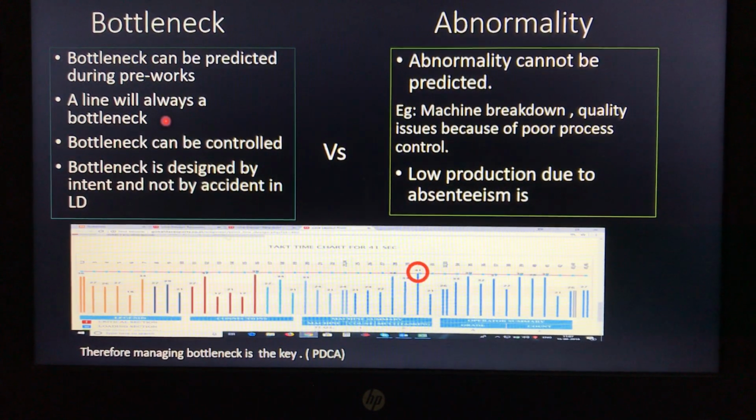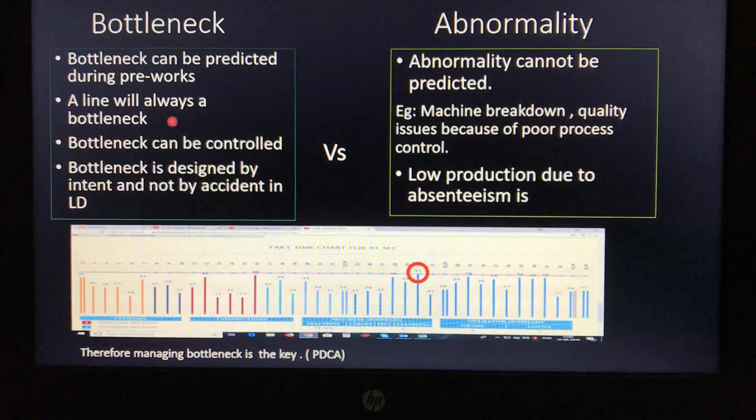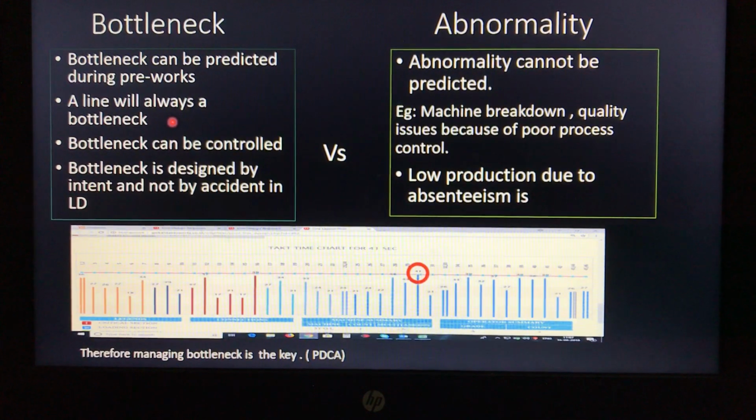And as I said earlier, every line will always have a bottleneck. So bottleneck is not an accident. Bottleneck is integral. Every line will have a bottleneck.